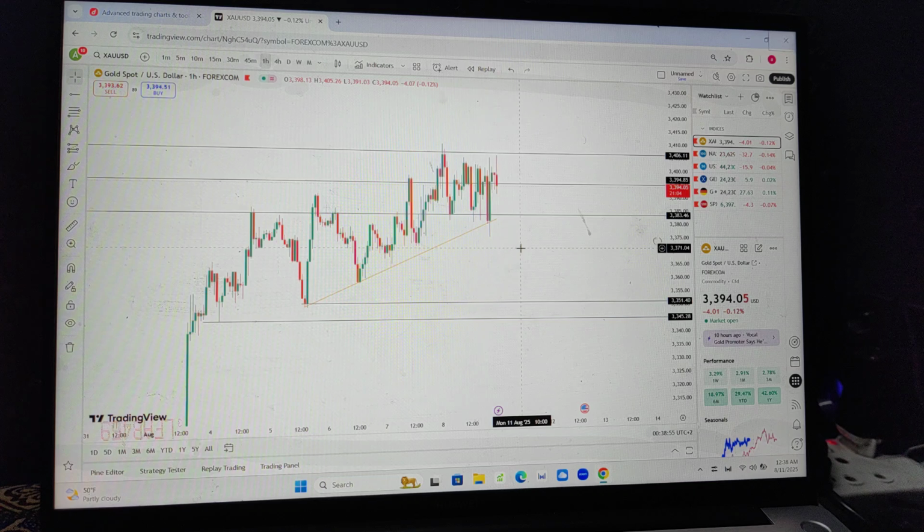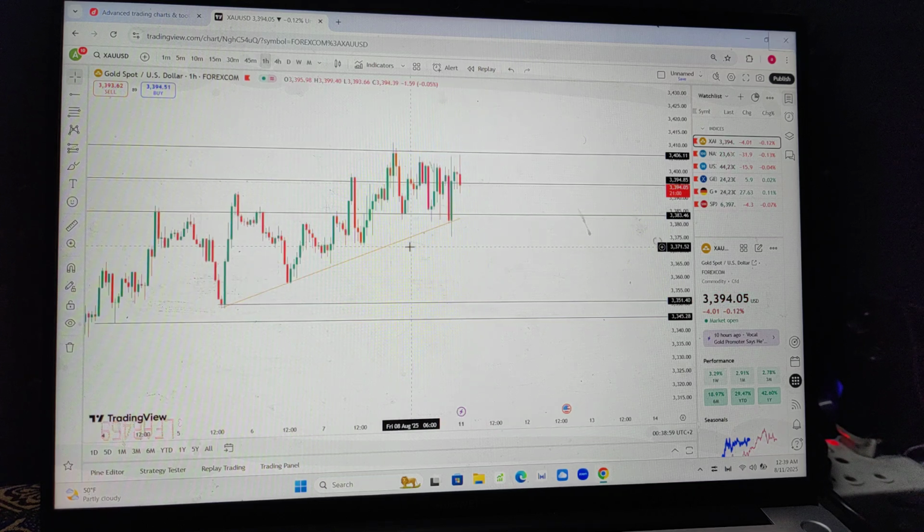But let's see. If you know your candlestick patterns, then you'll never go wrong on this. Always look for candlestick patterns in order to confirm your entries. Don't just enter blindly.